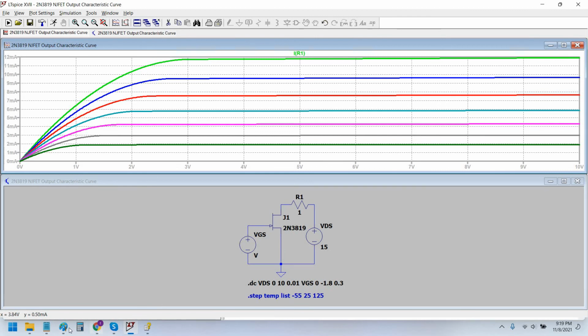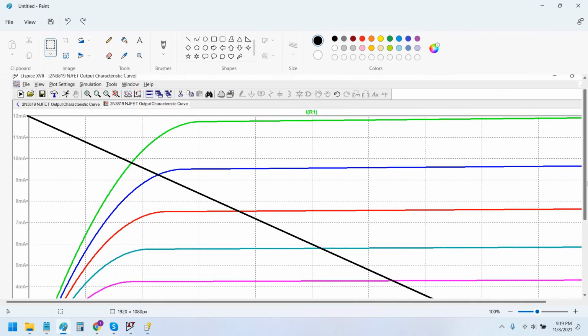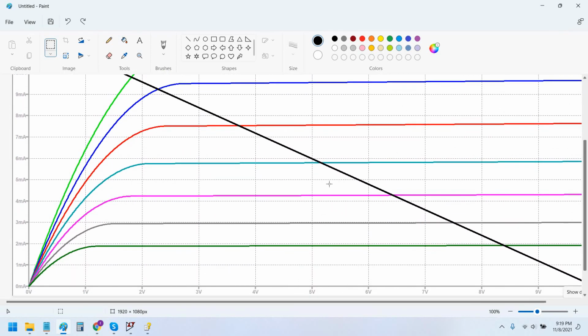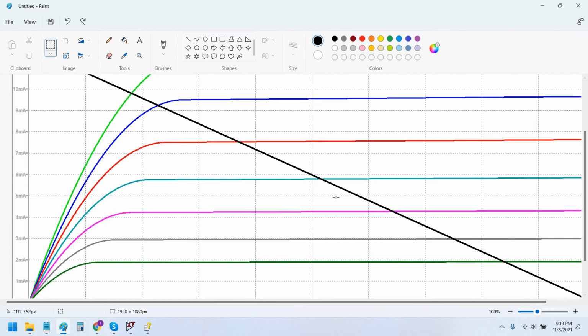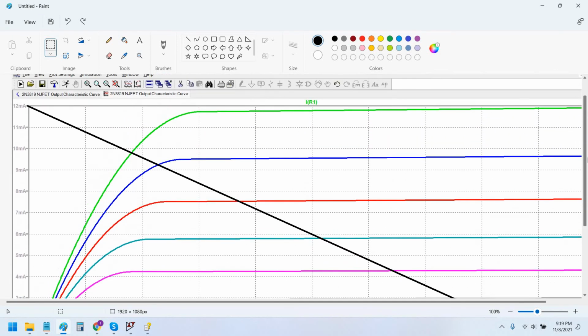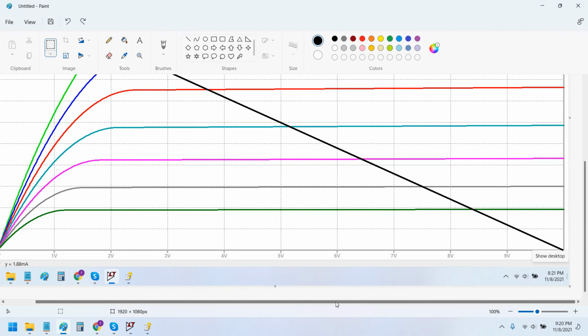So I have plotted this VI curve with a DC load line, this black color DC load line, as you can see. We have various drain currents and drain to source voltages.